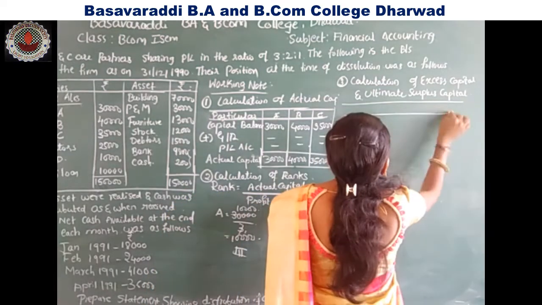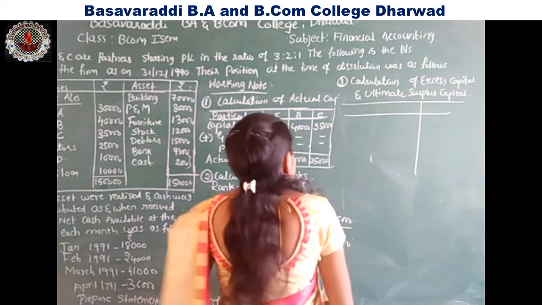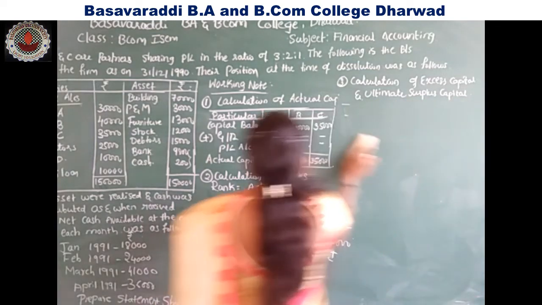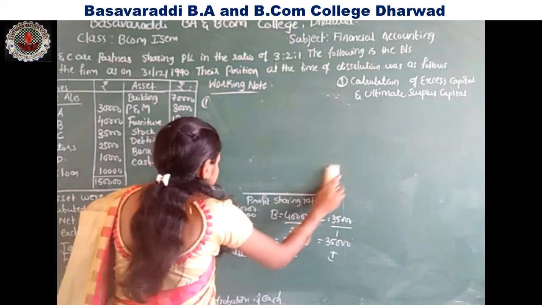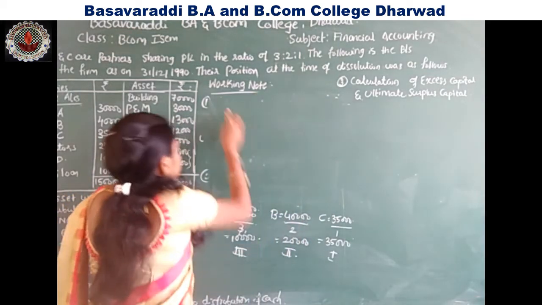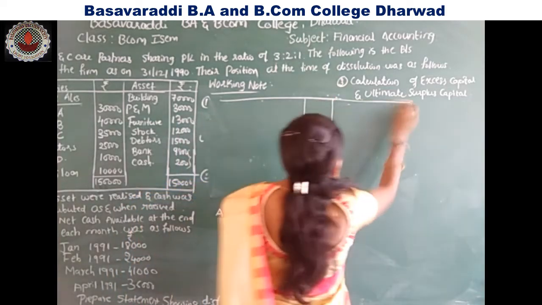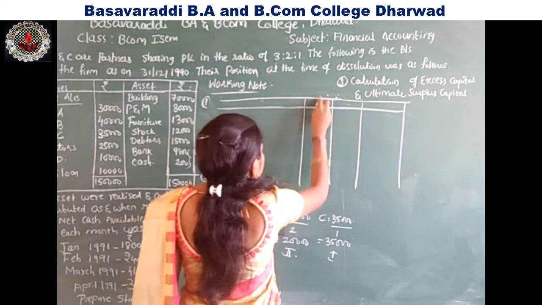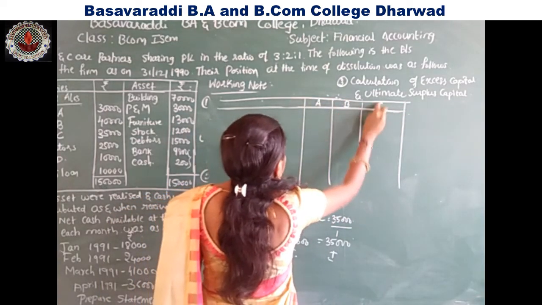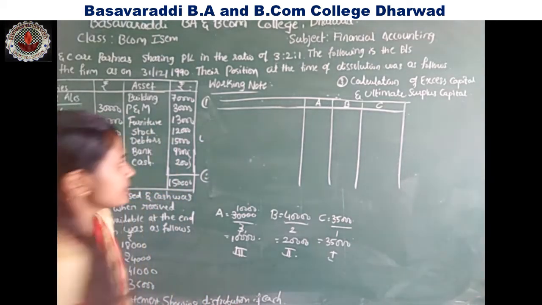There are three partners, partner A, B and C.